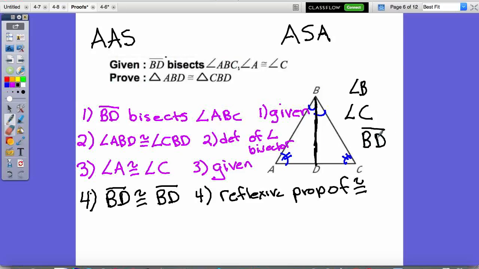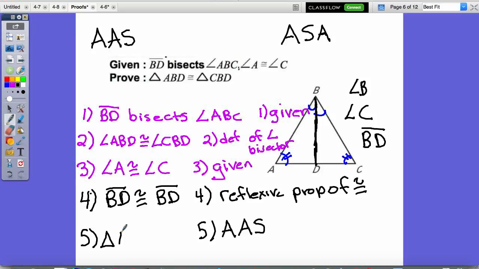Segment BD does not have an endpoint of these two angles. It has an endpoint of B, but not of C. So it is not the included angle. So it is angle, side.